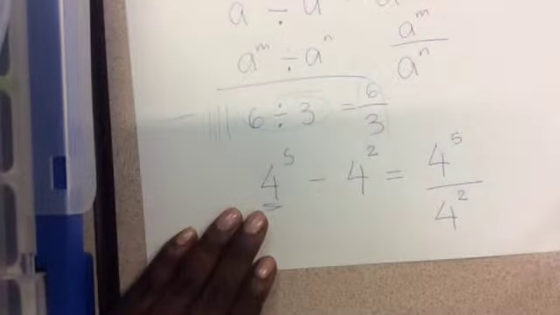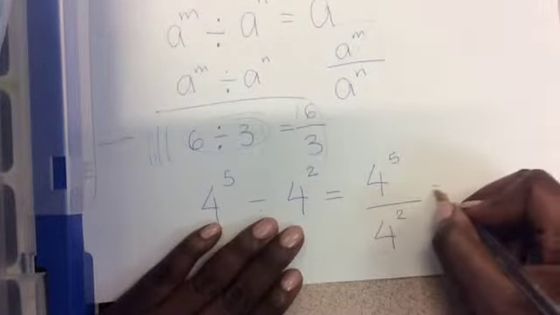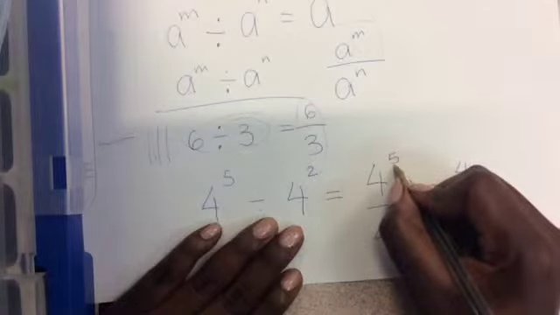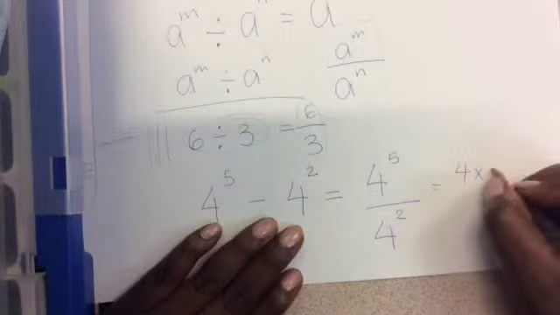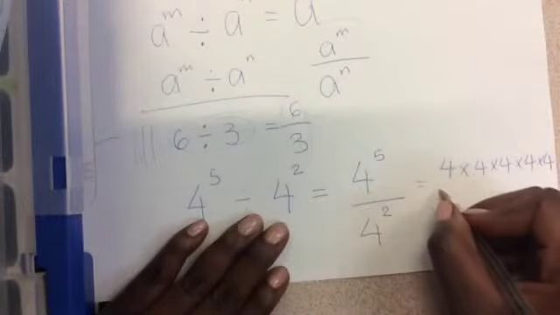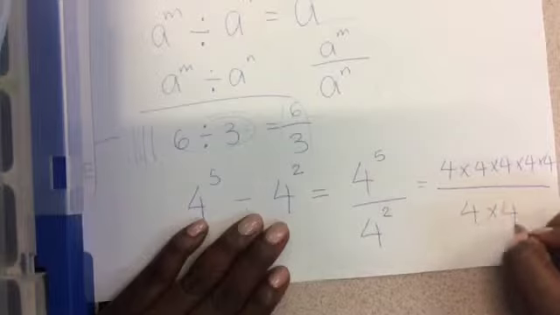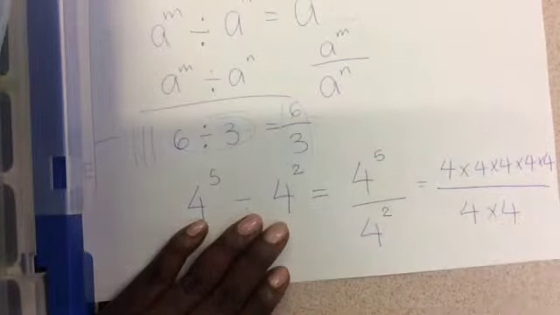It means exactly the same thing. Now, I'm going to write this out. So that means 4 times, remember, the index just tells you how many times you multiply the base by itself. So we've got 4 times 4 times 4 times 4 times 4. Now, on the bottom, we will have 4 times 4. Because it's 2, so we only multiply it twice. 4 only makes an appearance twice.